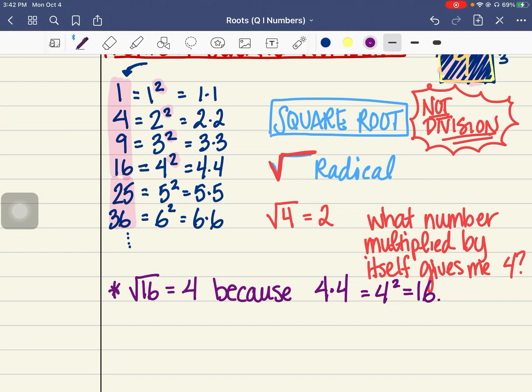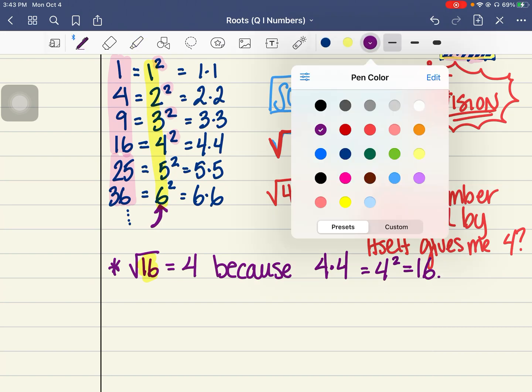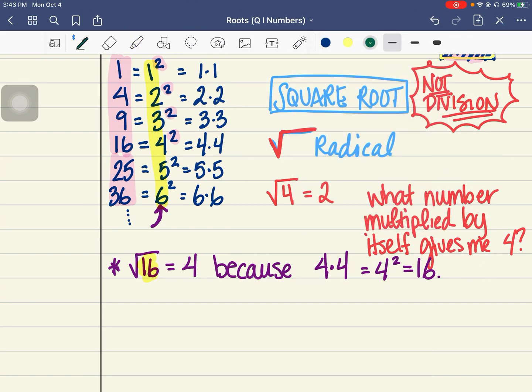All right, so if we're taking the square root of a perfect square number, we get these bases down this column right here as our answers. Now we have to be very careful: is there another way to get 16? We know something times itself is going to equal 16.